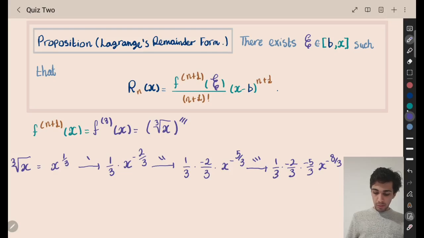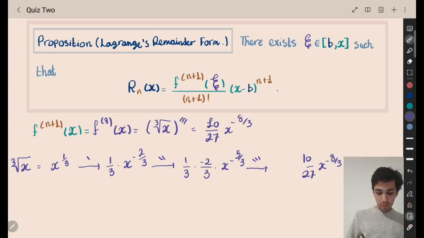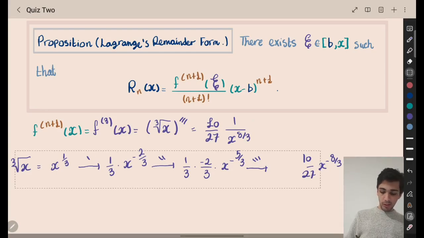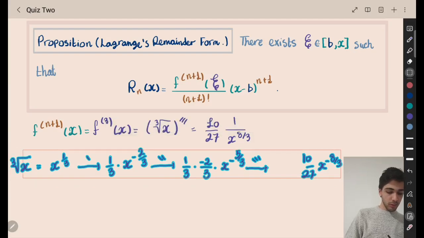So that is the derivative. Maybe I'll simplify that. So this gives me 27, and minus 2 times minus 5 is positive 10. So that is equal to 10 over 27 x to the minus 8 over 3. Maybe I'll write this as 1 over x to the 8 over 3.